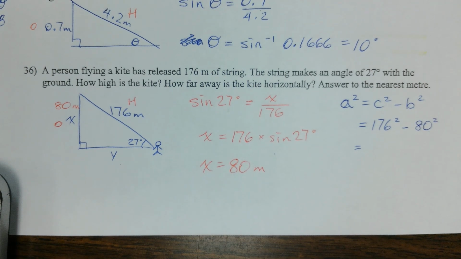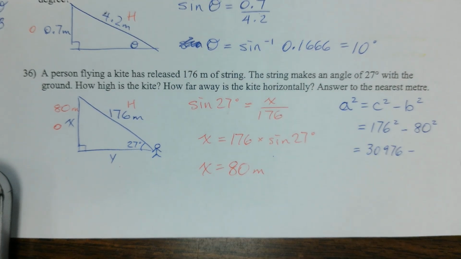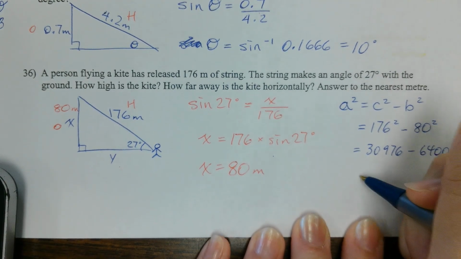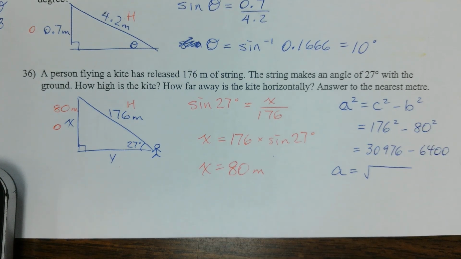So 176 times 176, you get 30,976, take away 6,400. So a equals the square root of 30,976 take away 6,400. Oops, I put one too many zeros.